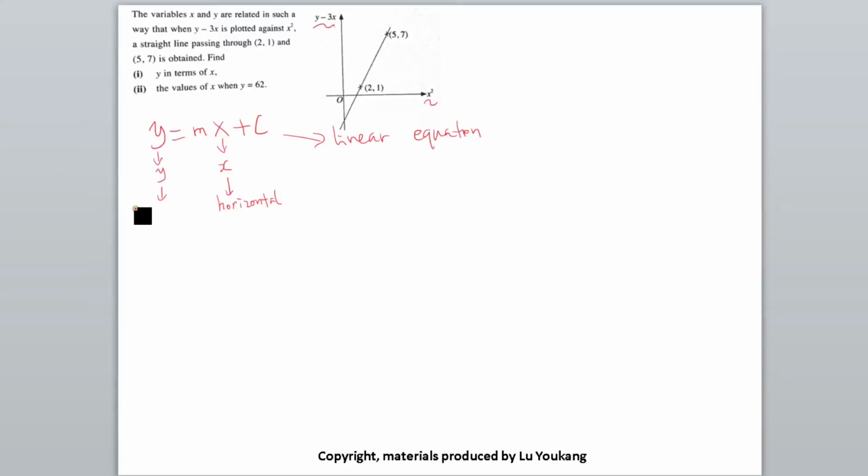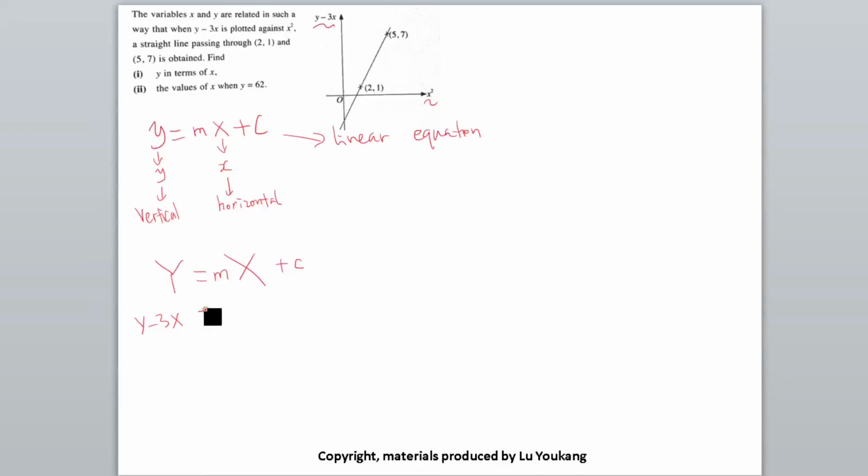So let me write the word vertical nicely. So this is what you have learned in A-Maths. And now in Linear Law, we will make use of this same concept. But over here, please take note, we have a big Y and a big X, while our m and our c remain.